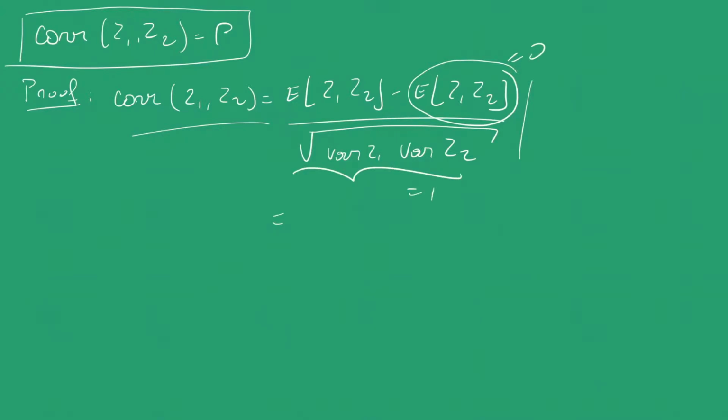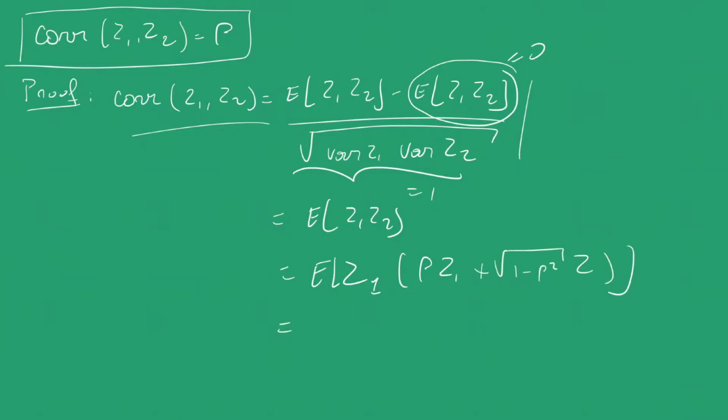So we find that the correlation is just the expectation of z1 z2. Now, instead of writing z2, we plug in the expression of the previous slide. So we have that z2 is a linear combination between z1 and z. We can now write this expectation as a sum of two expectations.